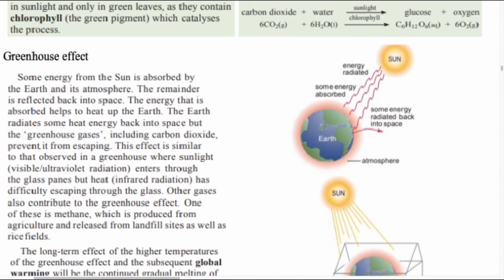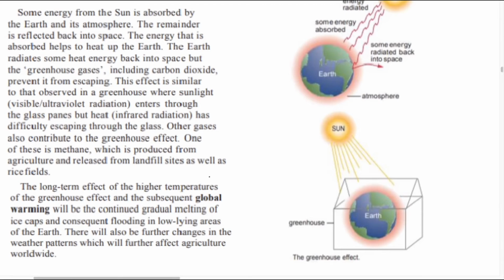This effect is similar to that observed in a greenhouse where sunlight, which is the visible and the ultraviolet radiation, enters through the glass panels, but heat has difficulty escaping through the glass. So it's this idea, the sun, the glasshouse, which traps heat, has difficulty escaping through the glass.